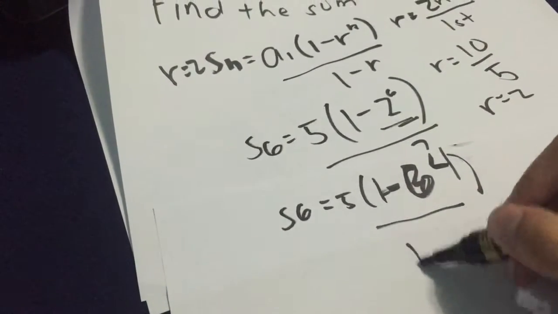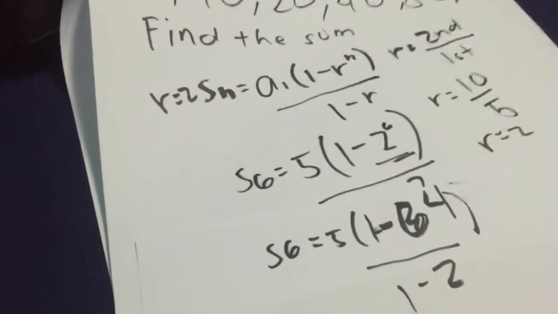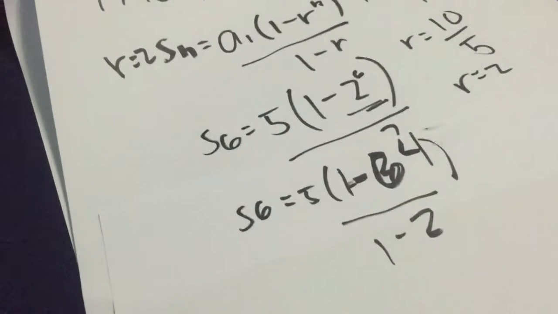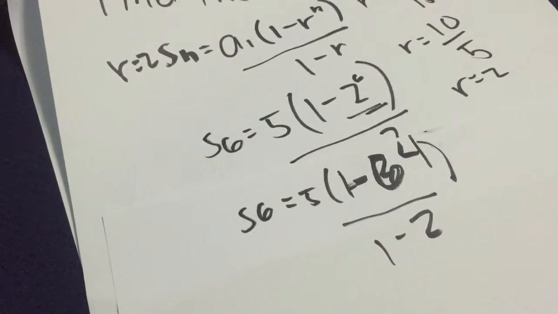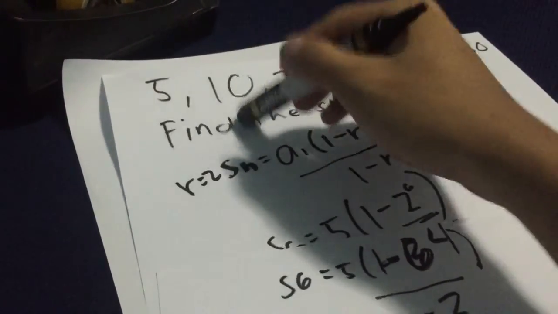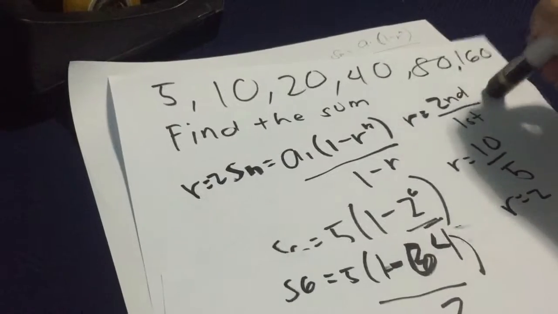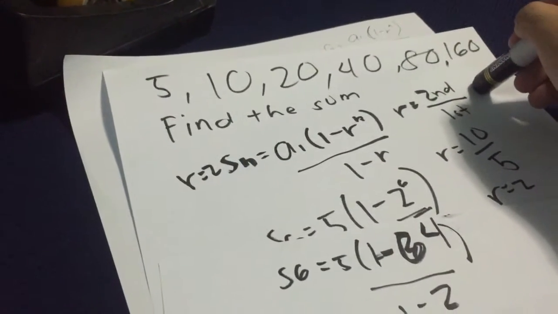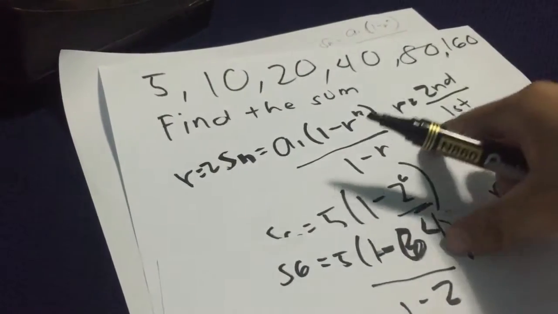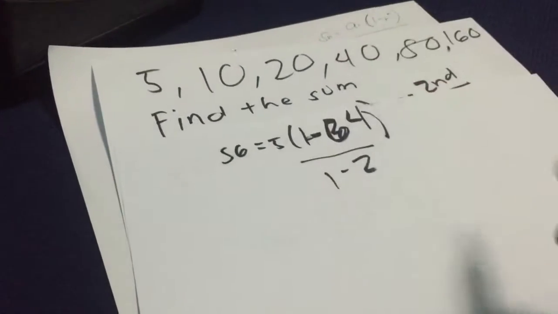1 minus 2. So by the way, why are we doing this kind of formula, instead of adding these numbers one by one? Well, simply because it is too long, and we have this formula to make it shorter.